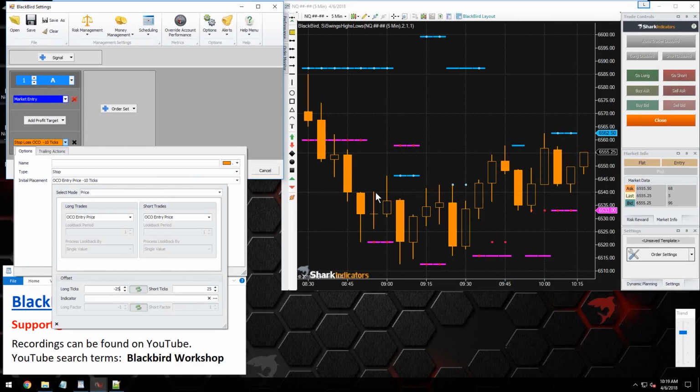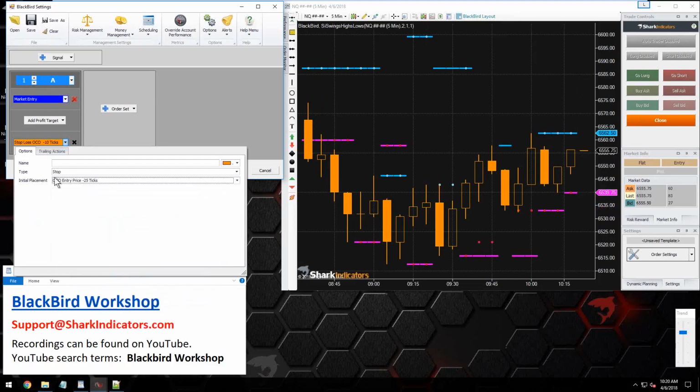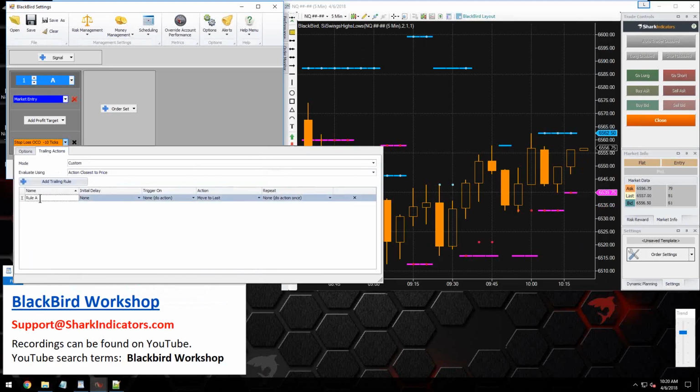This is NQ, and NQ's been kind of crazy lately. But find a suitable fixed stop loss to start you off with, whatever that needs to be for the time frame you're trading in. Then once you have that, we can go into the trailing rules here, and we'll set up a trailing rule that will move your stop loss to the indicator.